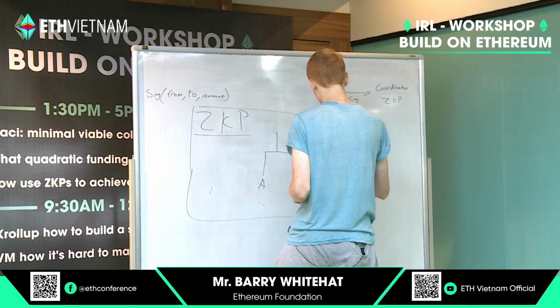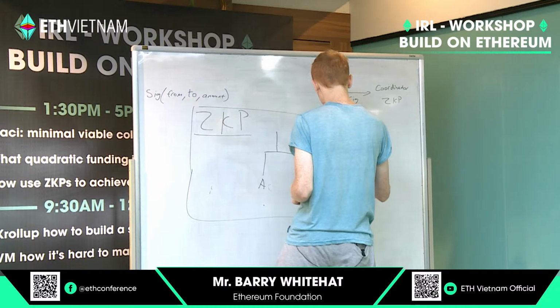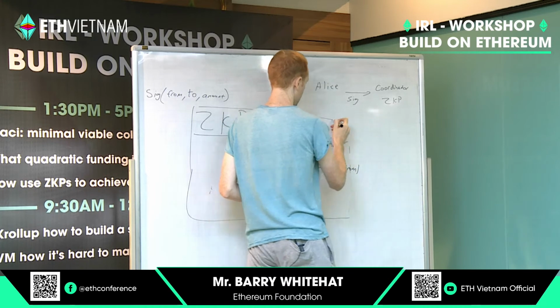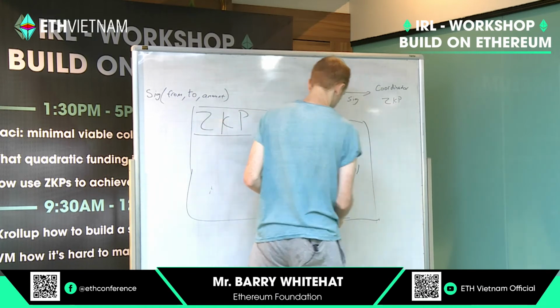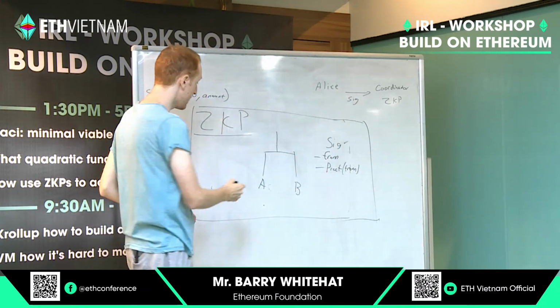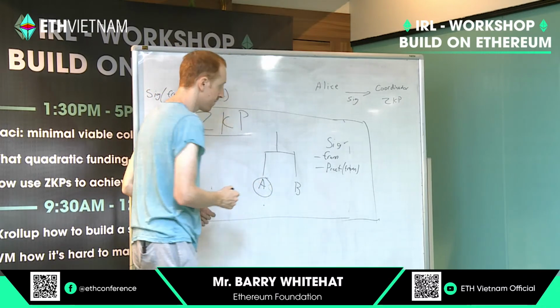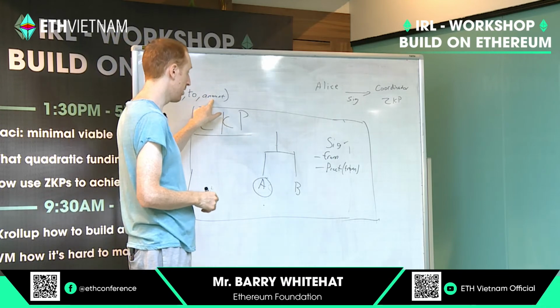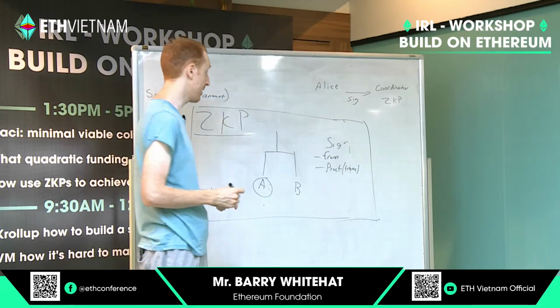So they make a Merkle proof for Alice's leaf, for the from address. And that basically gives us this value here. So the next thing that we need to do is check the balance of Alice's leaf against the amount.